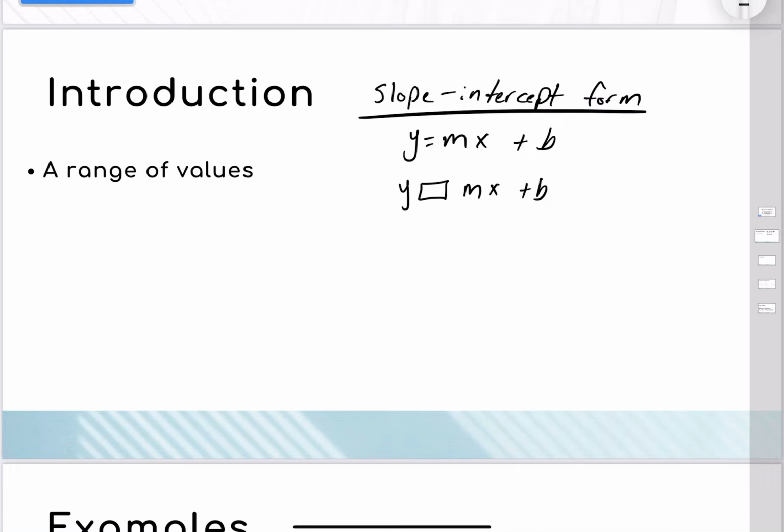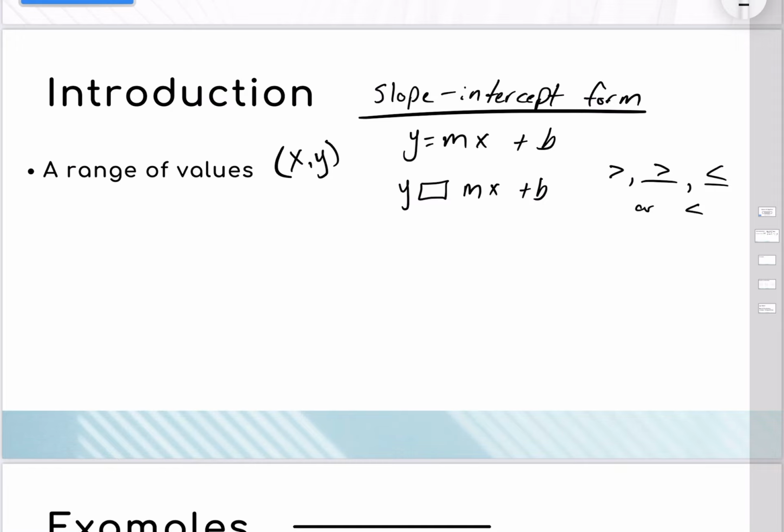In that space, any of the inequality symbols, greater than or equal to, less than or equal to, or less than, can essentially take the place of that equal sign, but everything else will be the same. x and y will still be the coordinates of a point, m will still be our slope, and b is still that y-intercept.